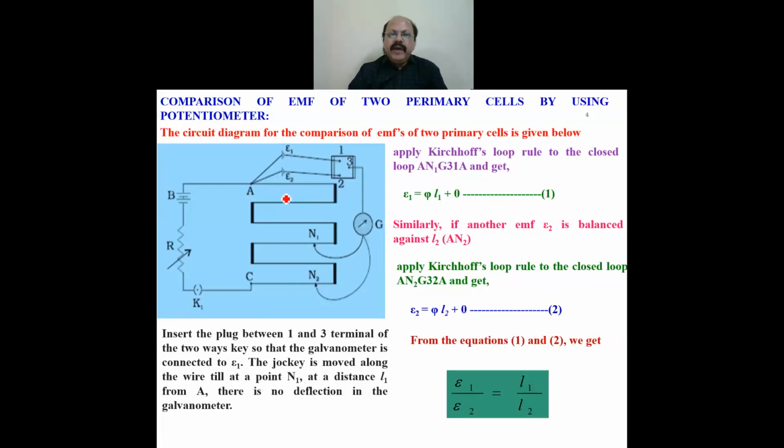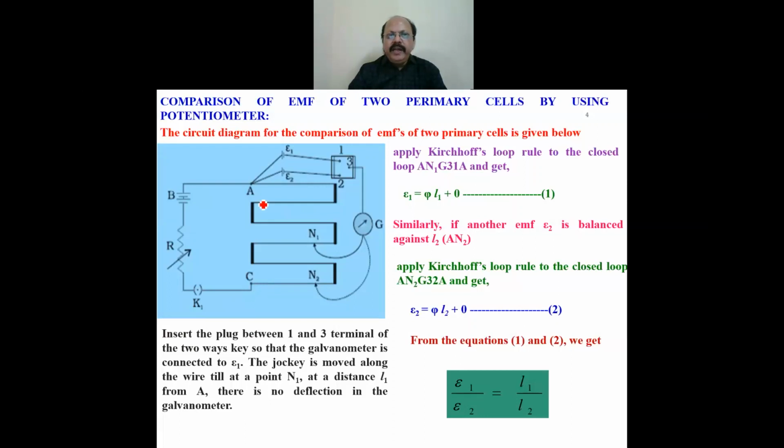You can make 6 wires, you can make 4 wires also here, and in the same way as you have understood, this point A is connected to the battery at the positive end, the negative end is connected to the rheostat, the other end is connected to the key K1, and the other end of key K1 is connected to point C of the potentiometer.